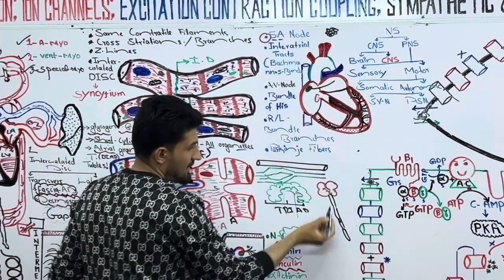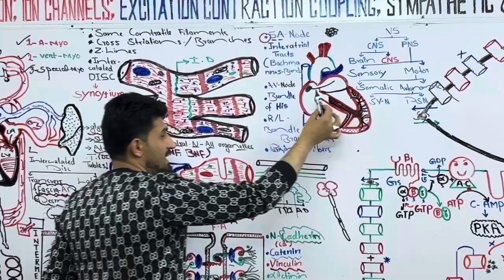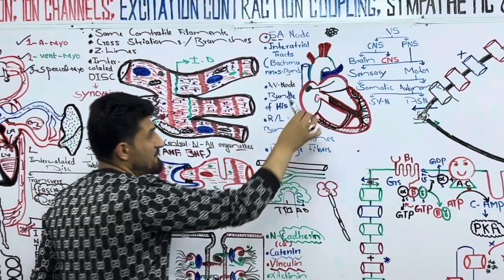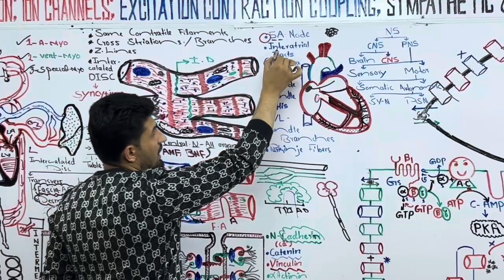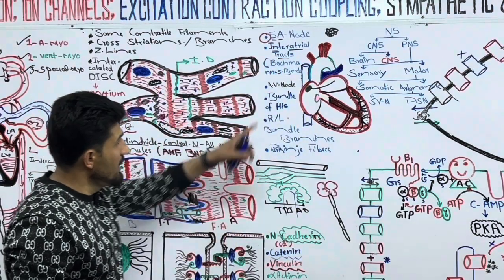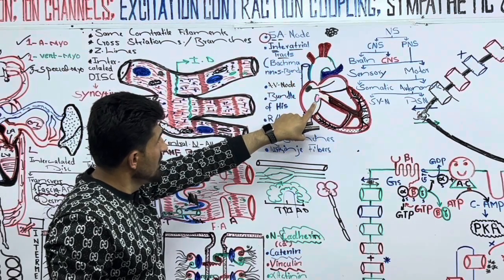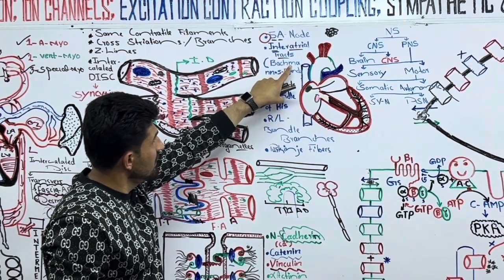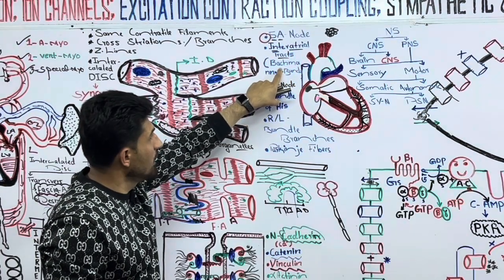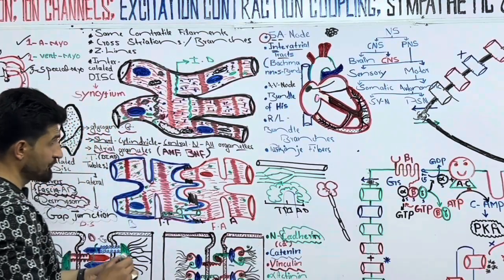This pathway goes from the right atrium to the left atrium, and it is called the interatrial tract, or sometimes Bachmann's bundle.